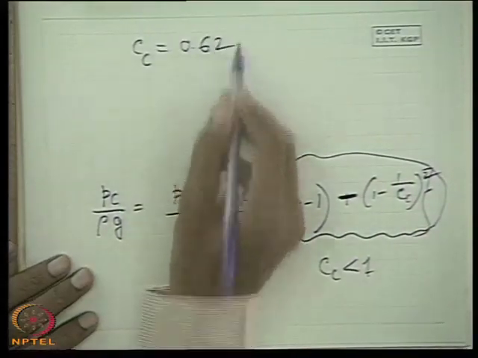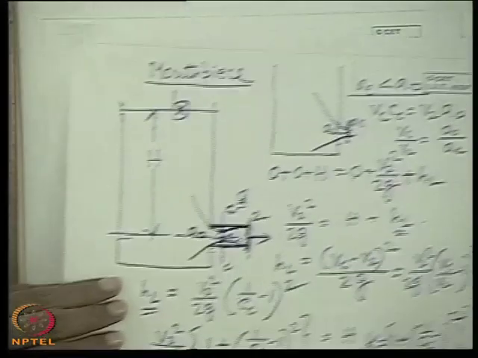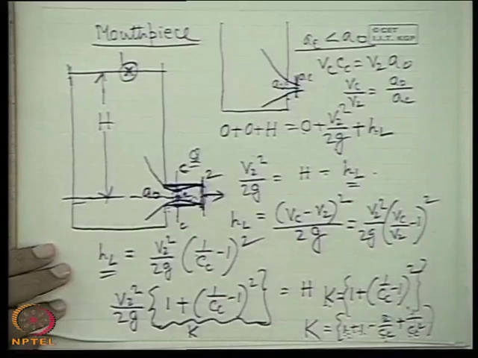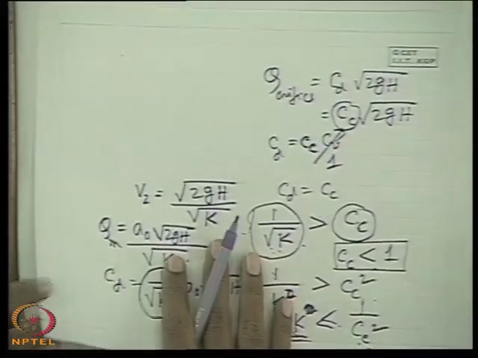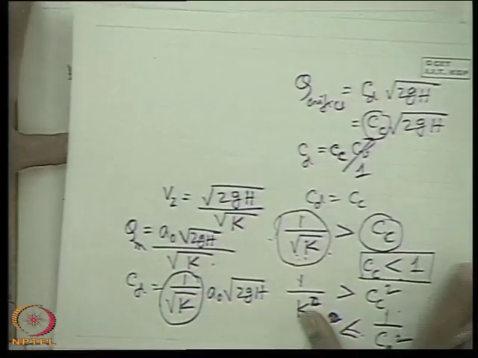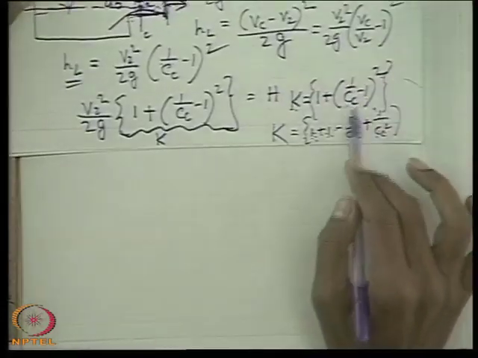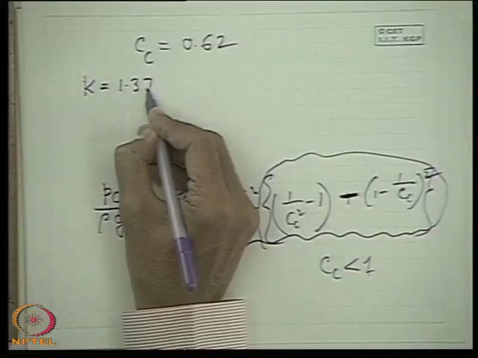If you take Cc equal to 0.62, then you get the value of K. V2 is root over 2gh by root over k, where k is 1 plus 1 by Cc minus 1 whole square. With Cc equal to 0.62, the value of k is 1.375.